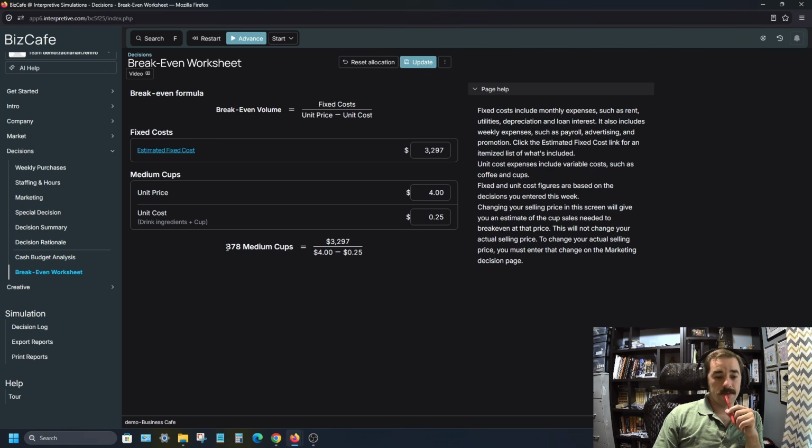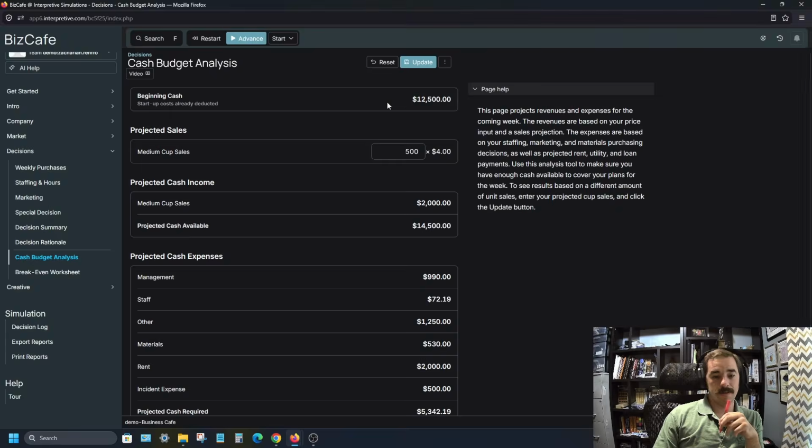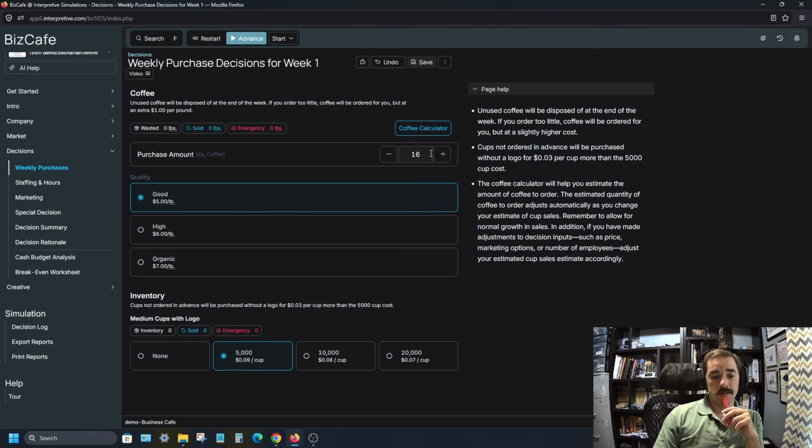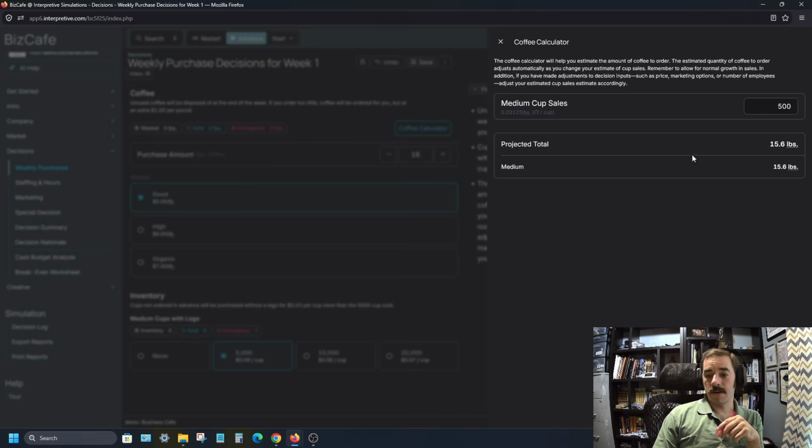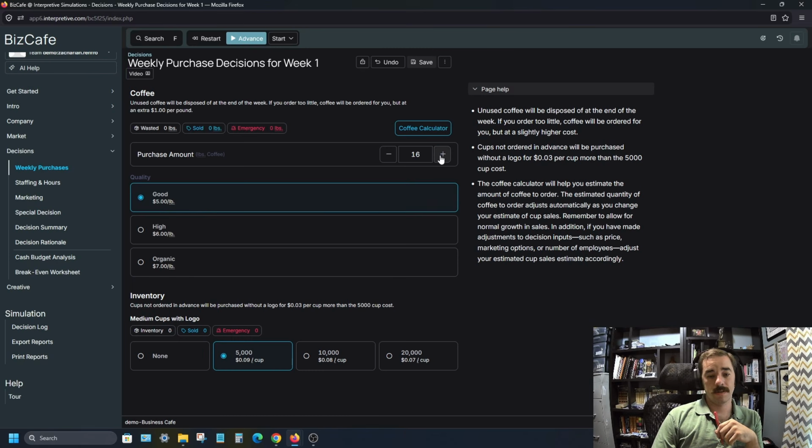We need 878 medium cups. So let's go back to our purchases. Gonna do our coffee calculator, and we'll go for 900, so that's 28.1 pounds. So 29 pounds.